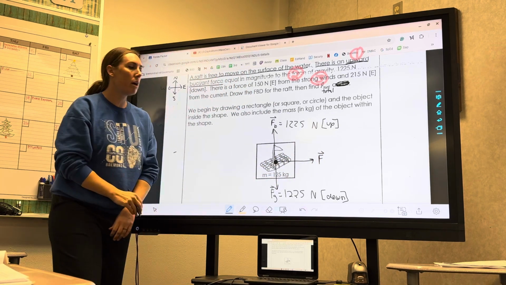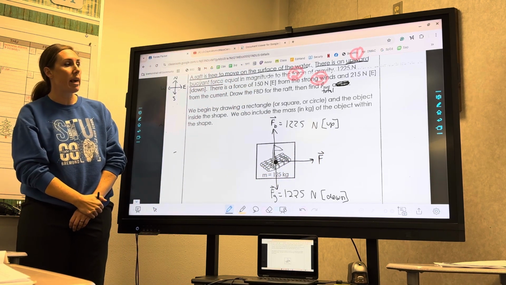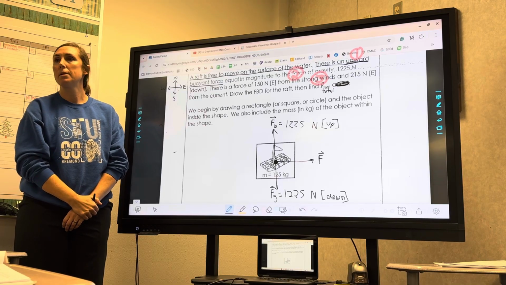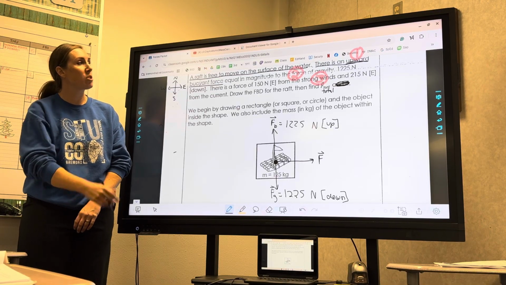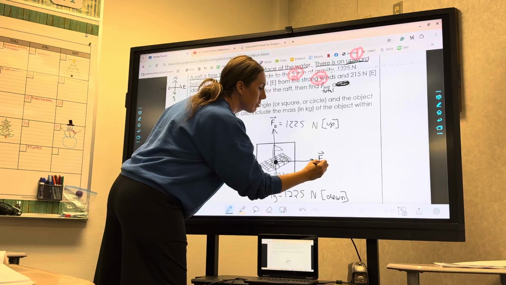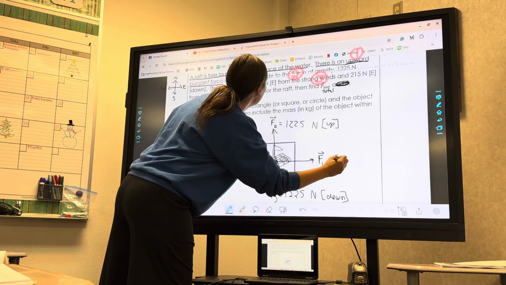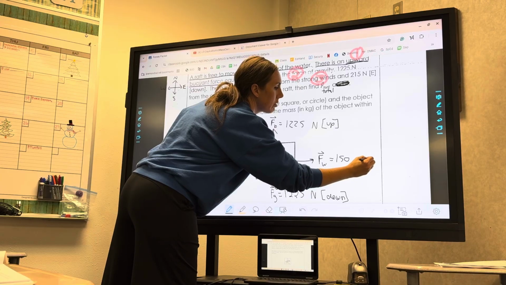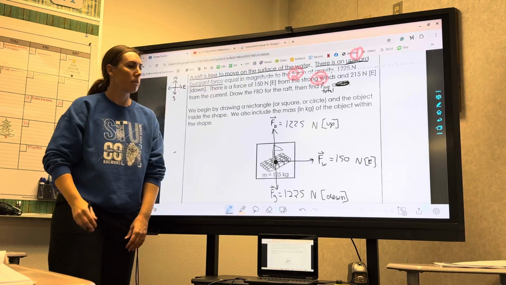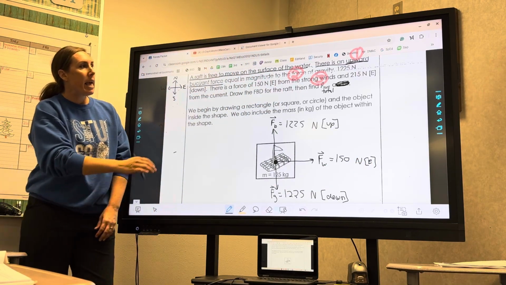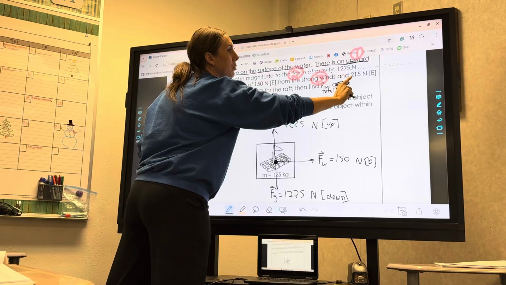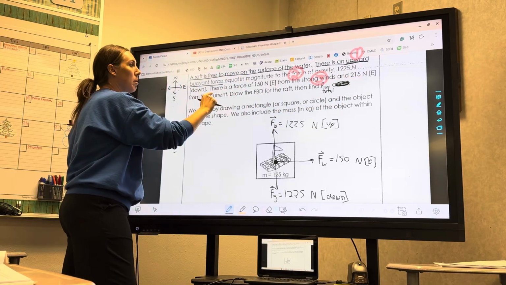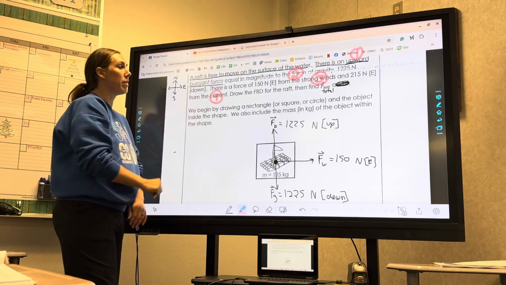Okay, what should we call this force? F sub W, I like it, for winds, equals 150 newtons east. And 215 newtons east from the current. So here's our fourth one.